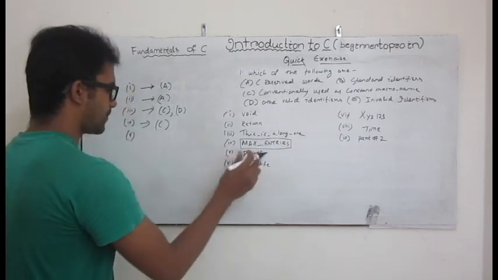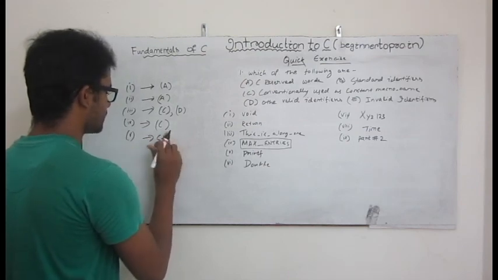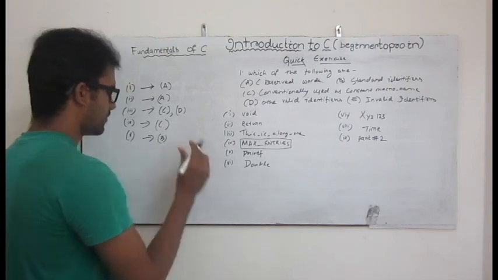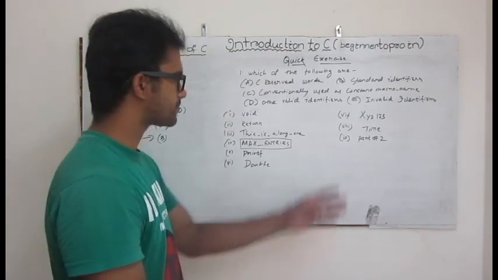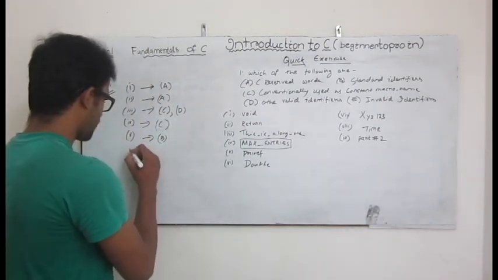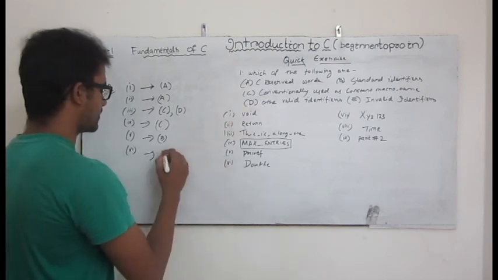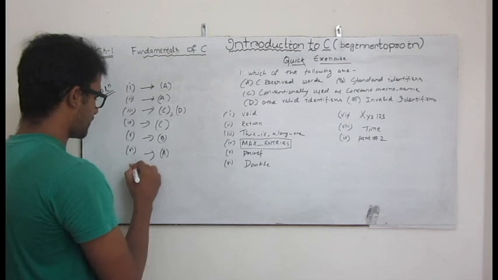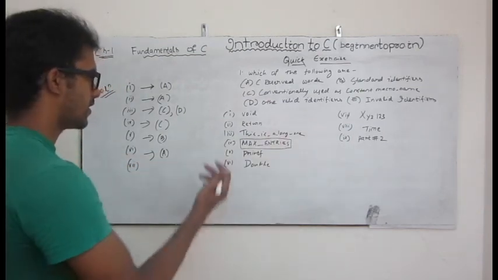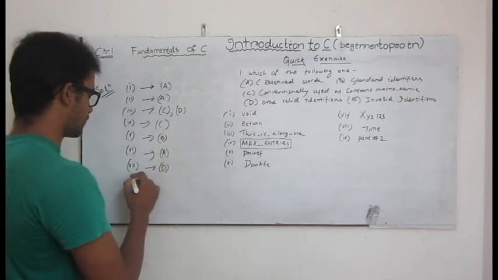Fifth is printf, which is a standard identifier, which we discussed in that sample program which I taught you. Sixth one is double, which is again a C reserved word. Seventh one, XYZ123, other valid identifiers. It is satisfying that rule.